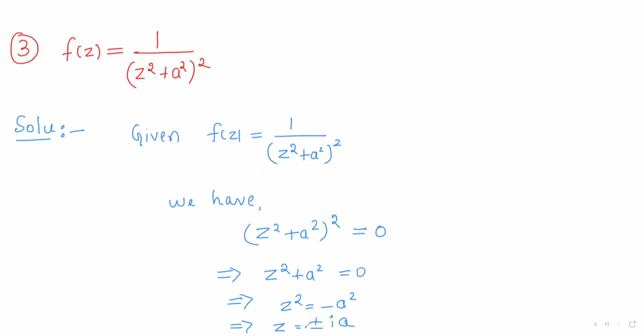So z = +ia and z = -ia are the zeros of the denominator polynomial, each of order 2. z = +ia is a zero of this polynomial of order 2, and z = -ia is a zero of order 2.